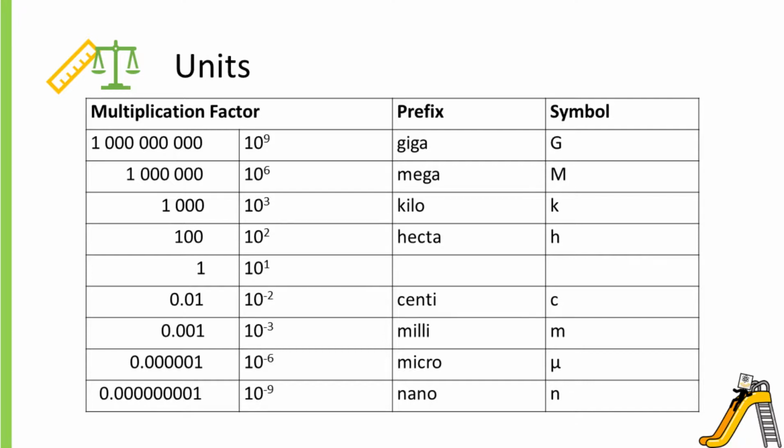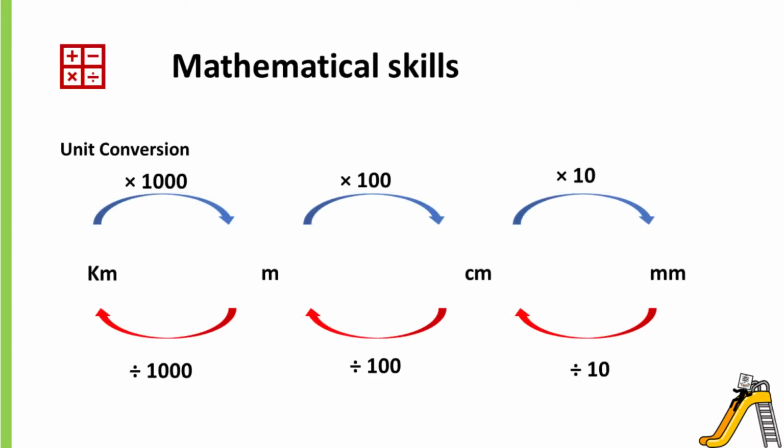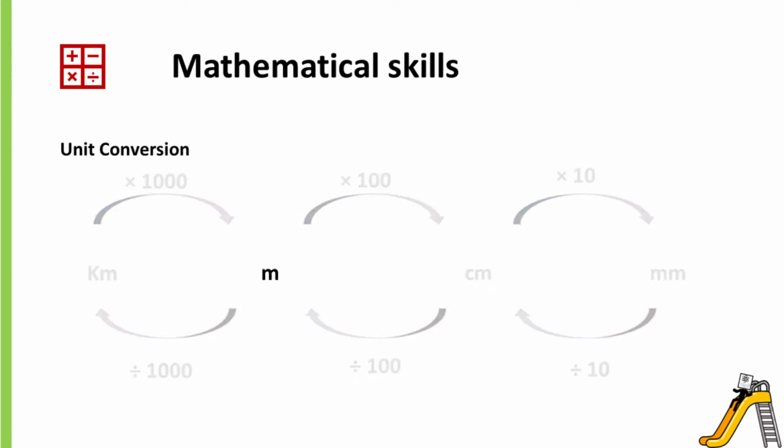So now let's look into unit conversion. The first thing you will notice here is that the real unit is actually the meter. Everything else is actually making use of prefixes. So we have the kilometer, we have the meter, we have the centimeter, and we have the millimeter. Now all of these are related by a multiplication factor that I have included in the previous slides.